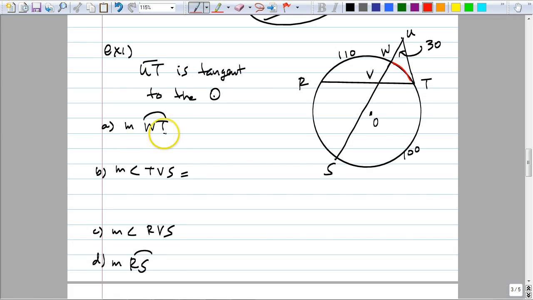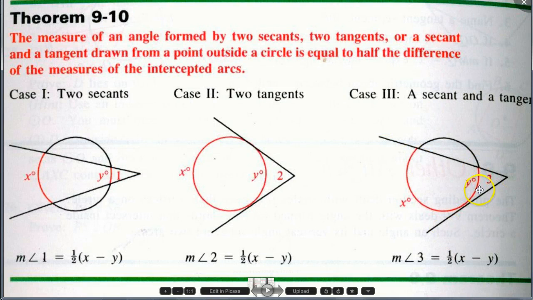So we know this angle, they actually tell you the angle. Somebody give me an equation. How about Joshua Park? We know this angle is 30, equal to what? If you have a secant and a tangent, the angle is half of x minus y.